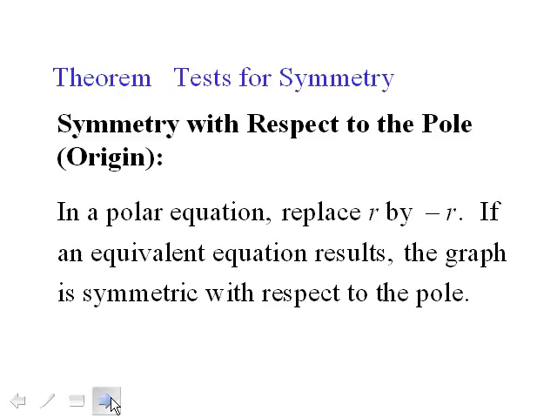In the lab, if you play around with the polar grapher that I wrote for the course, you'll see that these tests for symmetry match algebraically what you see when you plot some of these polar equations.